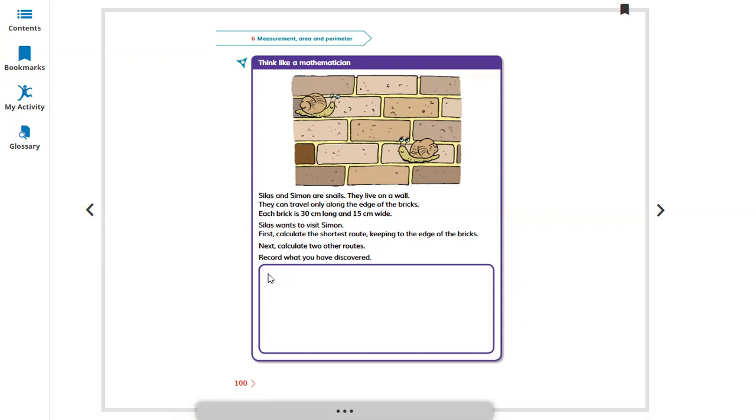Yes, one is enough for you. So the shortest route Silas can take while keeping to the edge of the brick is to travel 1.5 length and 2 width. So write it. First of all, we know the length.